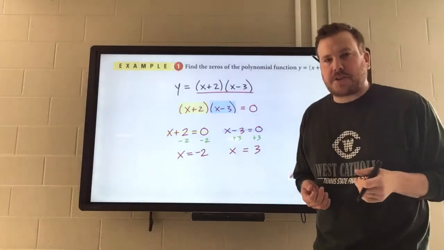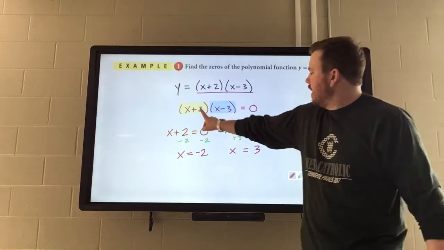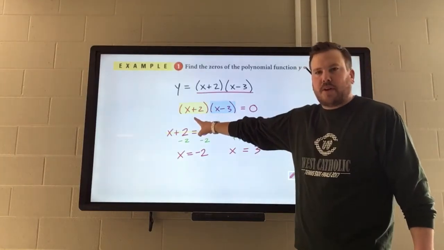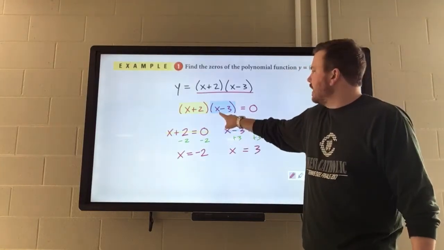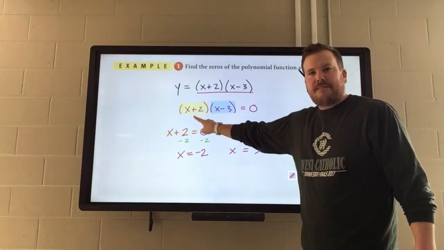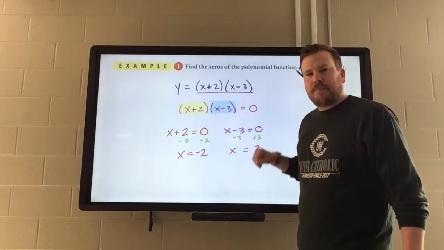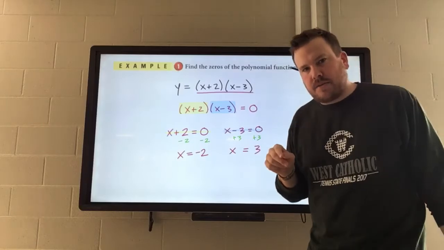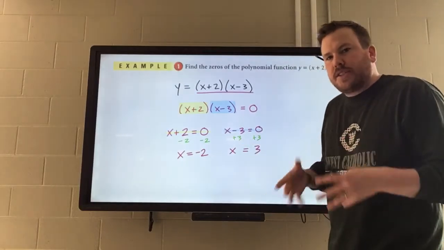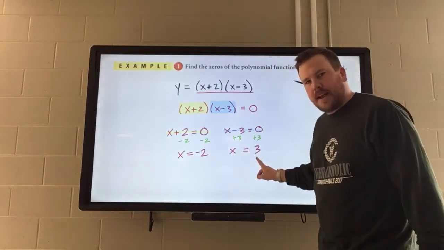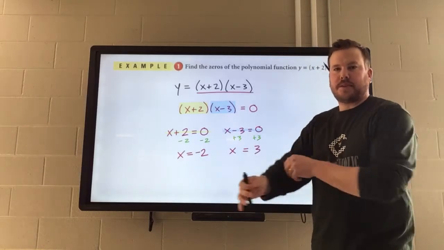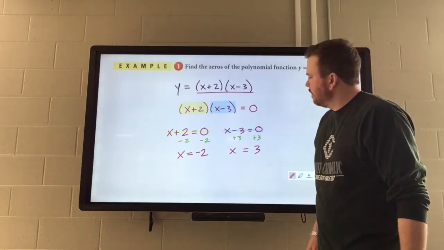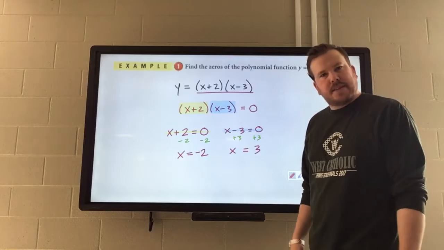That is a zero of this function, because let's see what happens when we plug it in. If we plug in 3 here, we get 3 plus 2 is 5. We plug it in here, we get 3 minus 3 is 0. 5 times 0 equals 0. So the two x values that make the function equal to 0 are negative 2 and 3. Hence, those are the zeros of our function. And that's how we find zeros, using that zero product property.